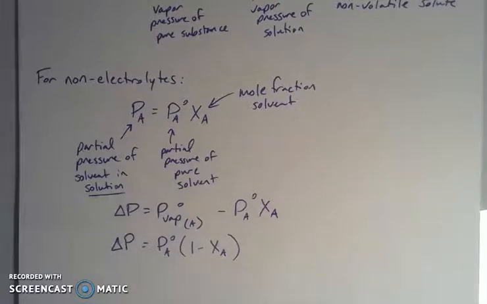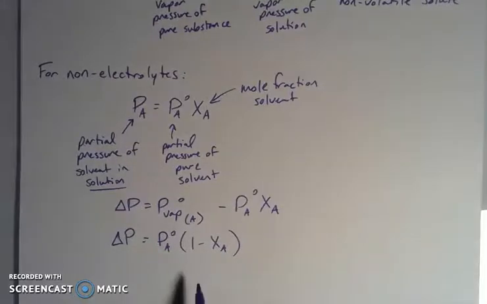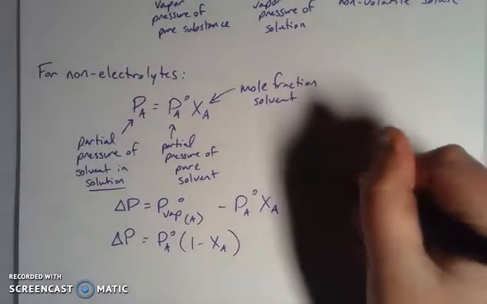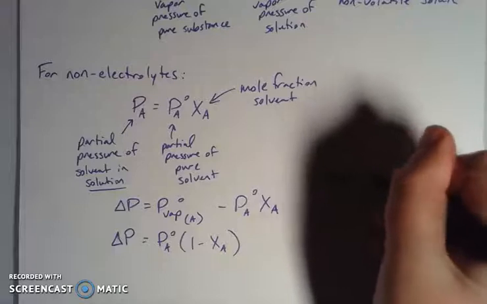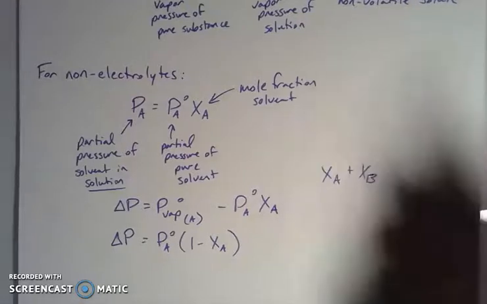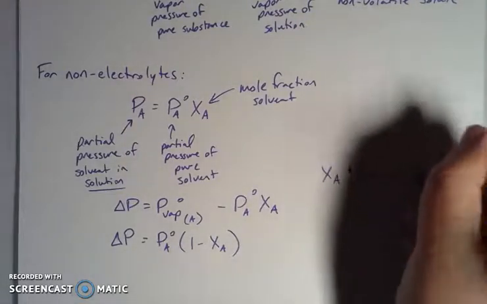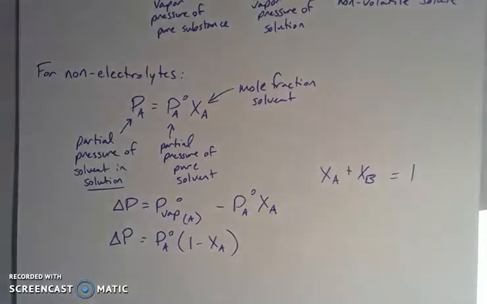And now this is an important relationship, because if I have two components in my solution, then I have the mole fraction of one plus the mole fraction of the other thing. So let's say that B is my solute. Then if those are the only two things in my solution, then those fractions are going to equal my total, which is 1.